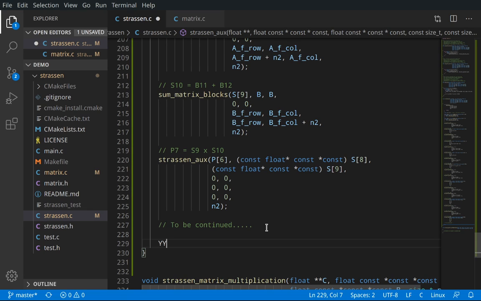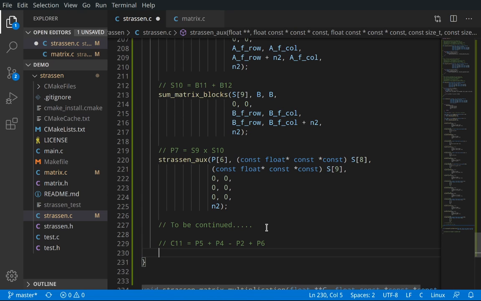First of all, we need to compute C11, which is equal to P5 plus P4 minus P2 plus P6. You can see it on the slides. Then we should compute C12, which should be equal to P1 plus P2.